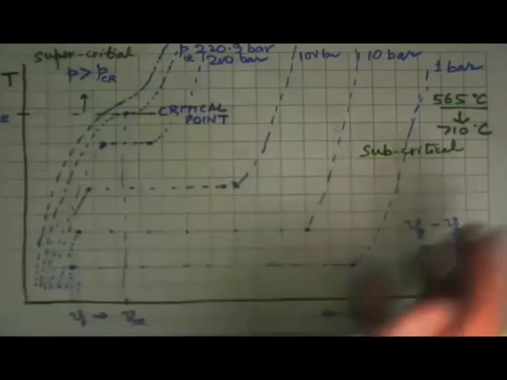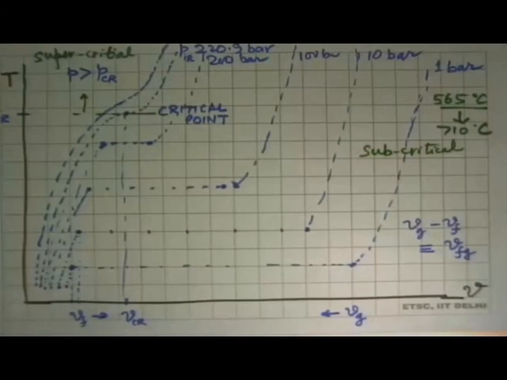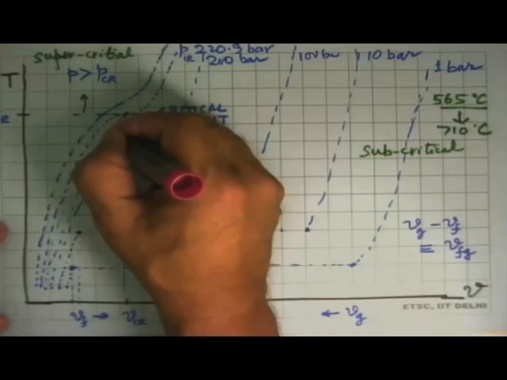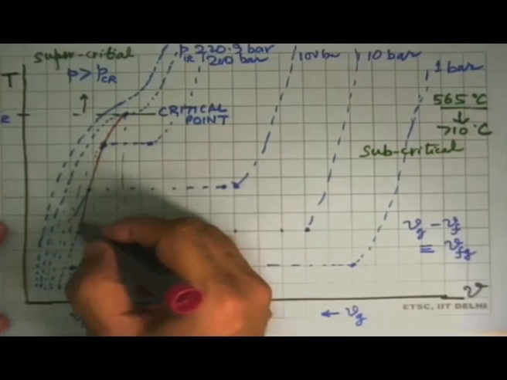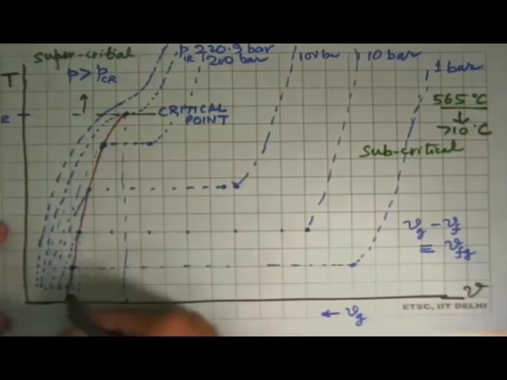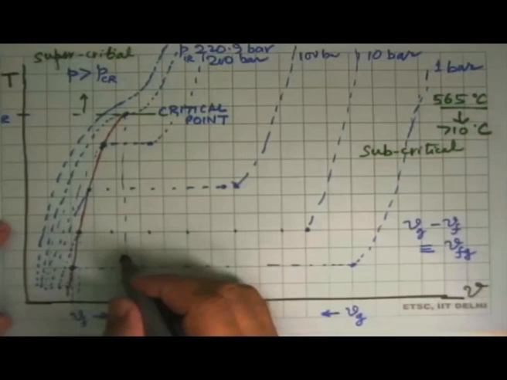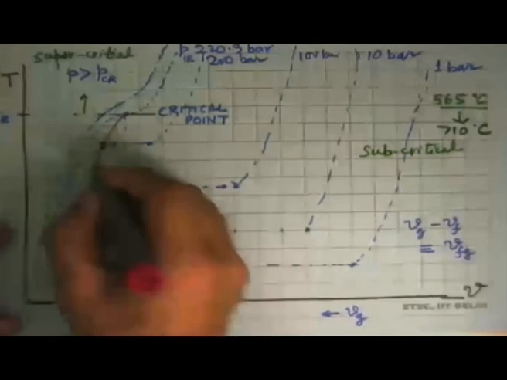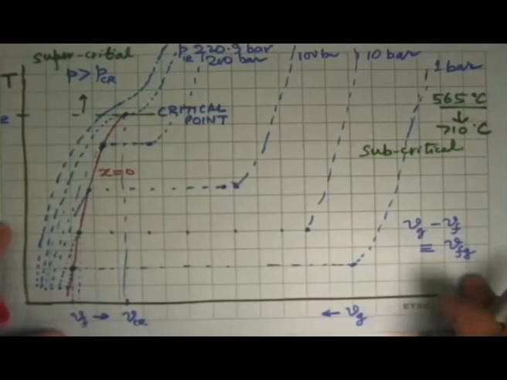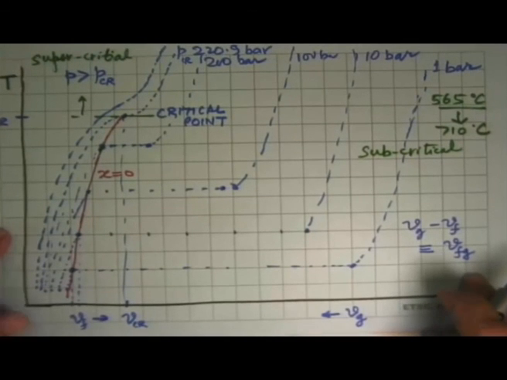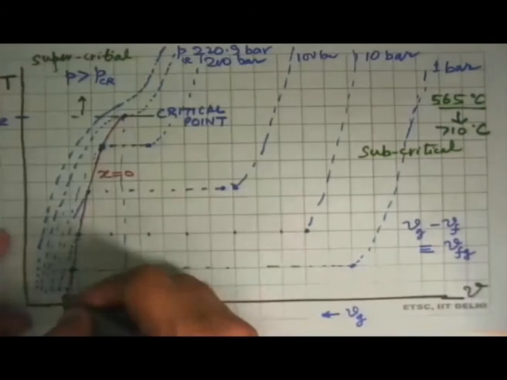So this is the type of picture we get. And now what we can do is join all these line points. These are all saturated liquid states at different pressures. So we can say that these are all representing dryness fraction 0, or this is a saturated liquid line.